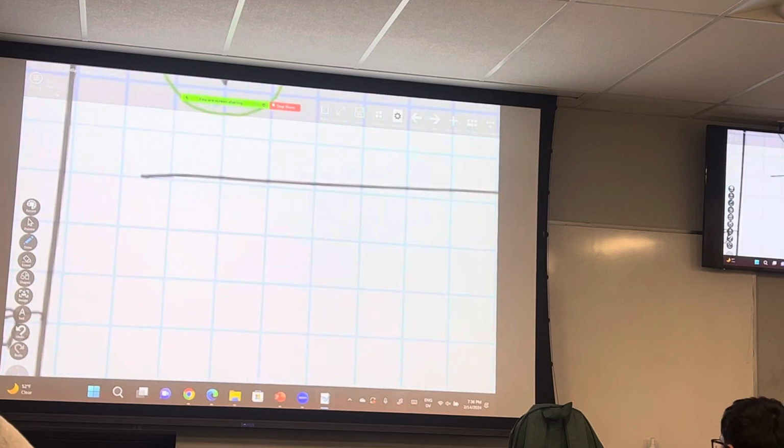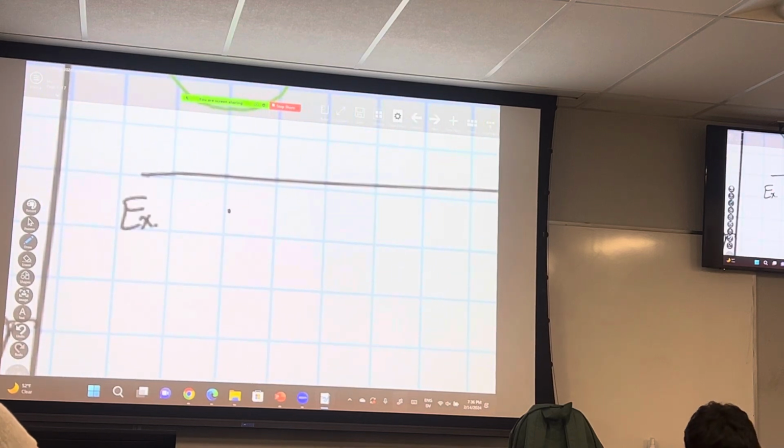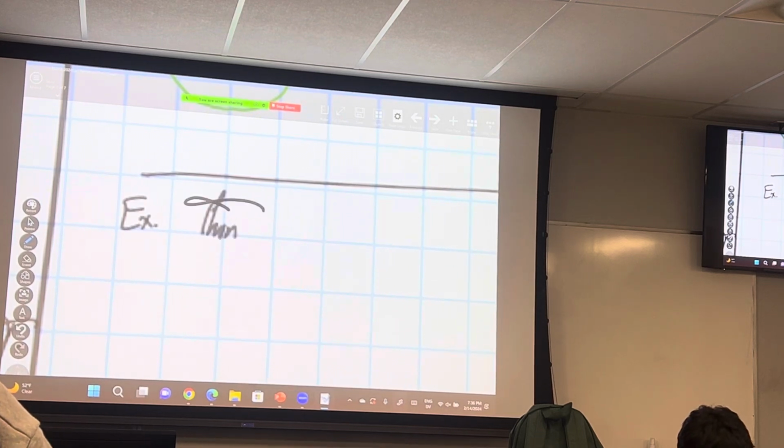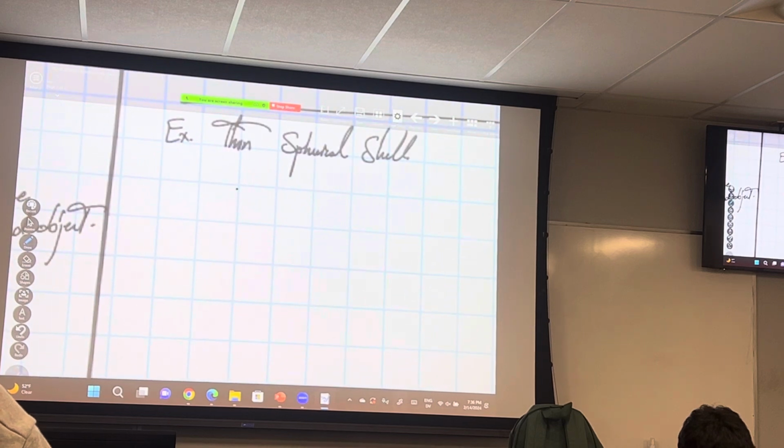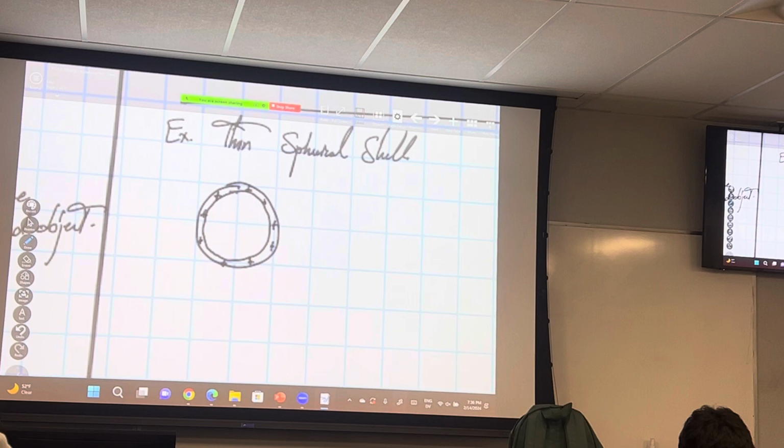So let's do that same example of the thin spherical shell. So we have this scenario and it's positively charged. Let's say we have the center.